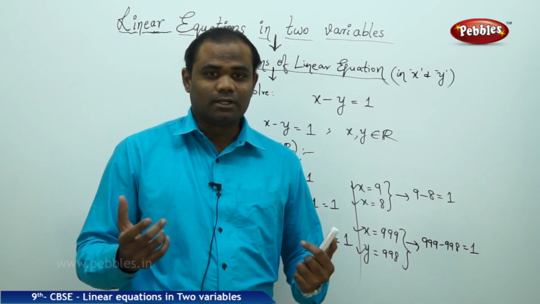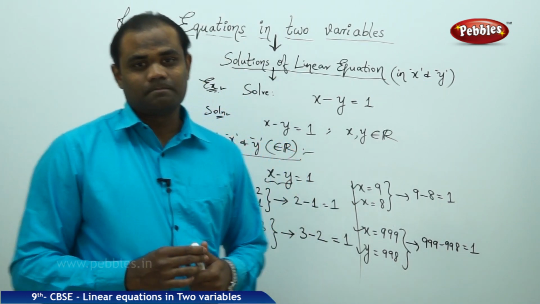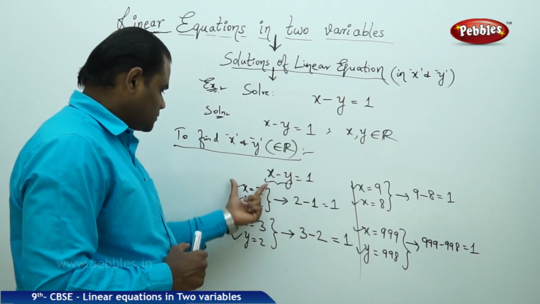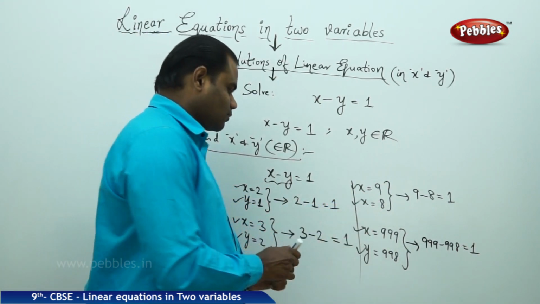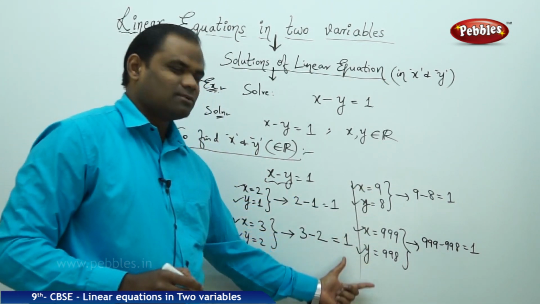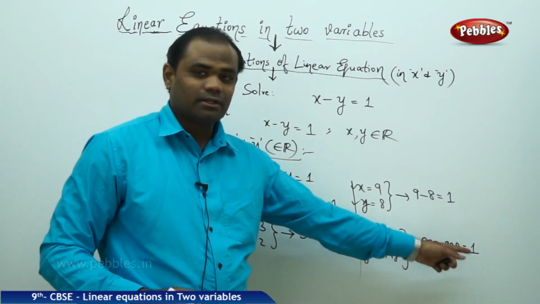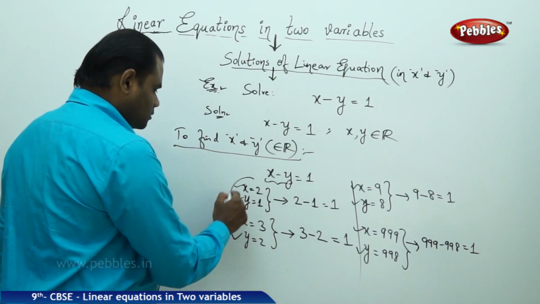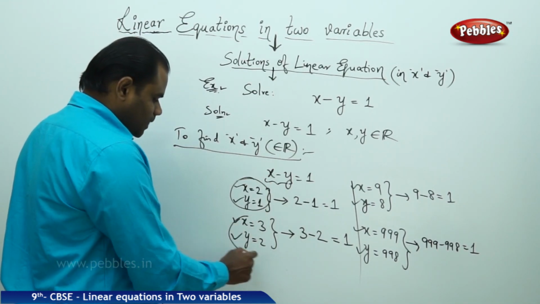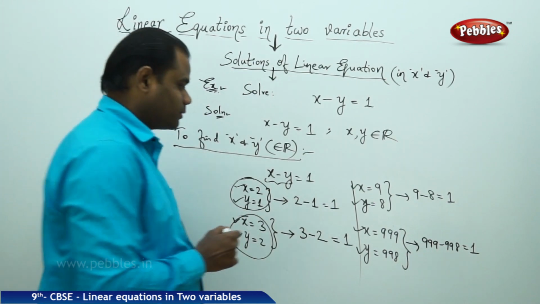So what do we learn out of this example problem? When we see the example problem x minus y equal to 1, we see the different sets of solutions for x and y, all satisfying the given equation. This is a solution for the given equation. This is also a solution for the equation.